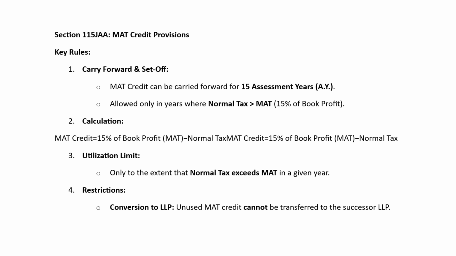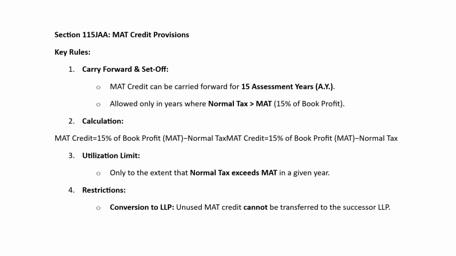Okay. Now we understand MAT credit provisions. Key rules are carry forward and set off. MAT credit can be carried forward for 15 assessment years, allowed only in the years where normal tax is more than MAT. How to calculate MAT credit: equal to 15% of book profit as per MAT minus normal tax. What is the utilization limit?